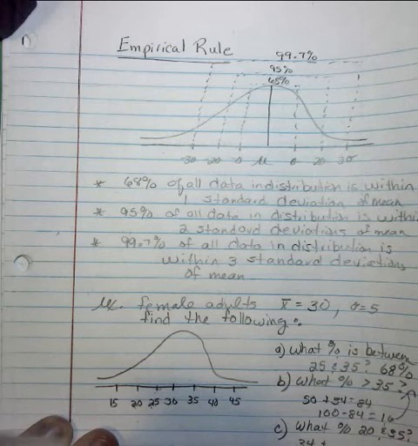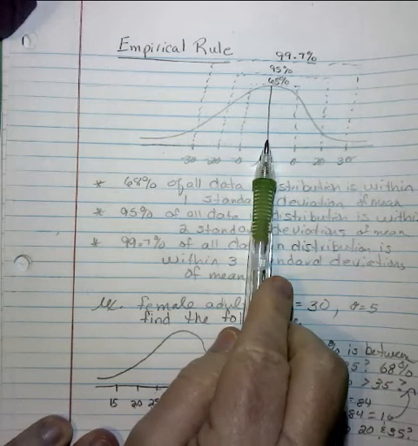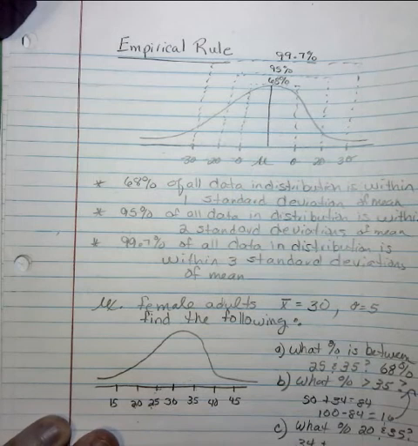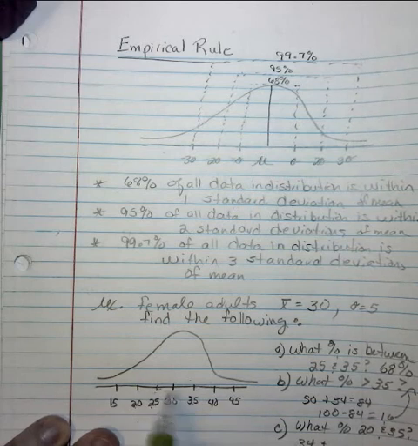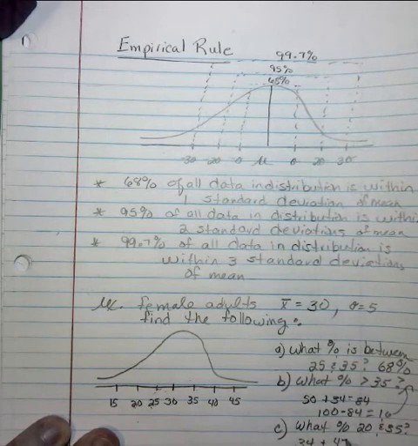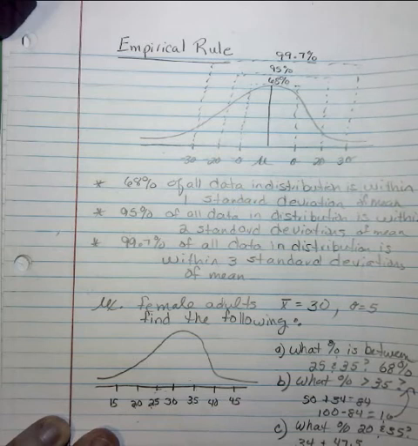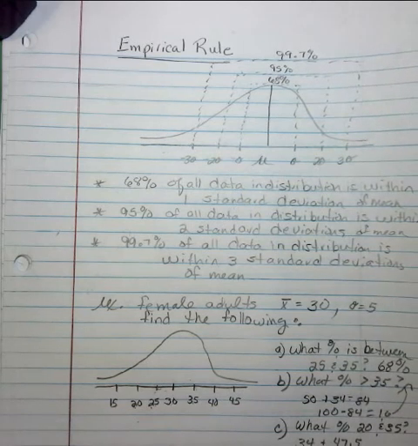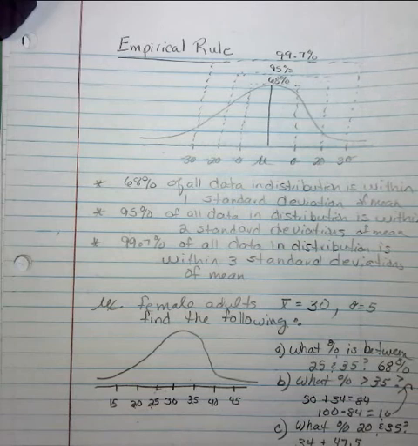Well, according to the empirical rule, half of that 95 would be 47 and a half, I believe. So we could say 47 and a half, and then add those two amounts together, and we get 81.5, I believe.